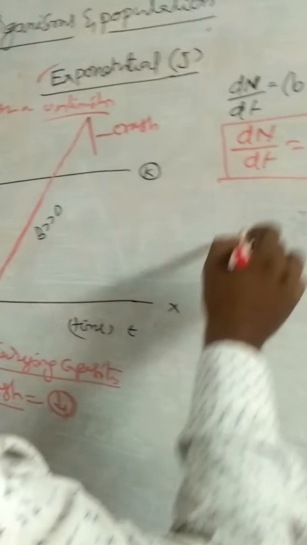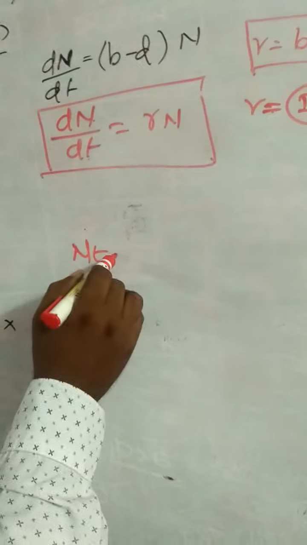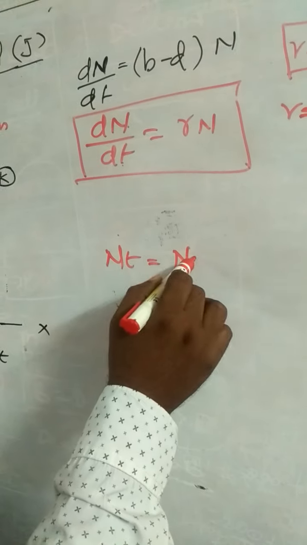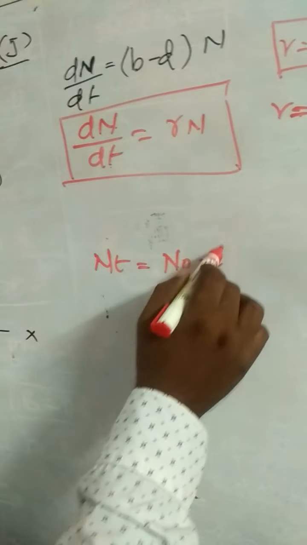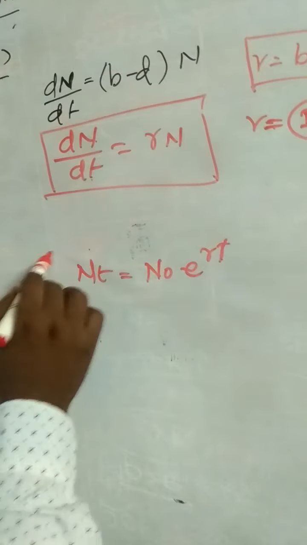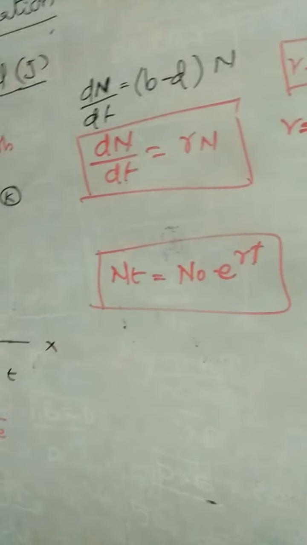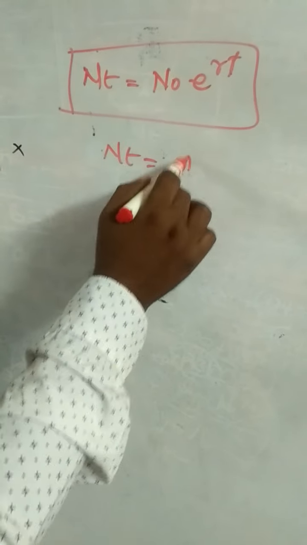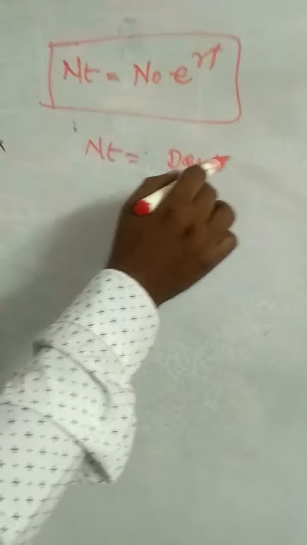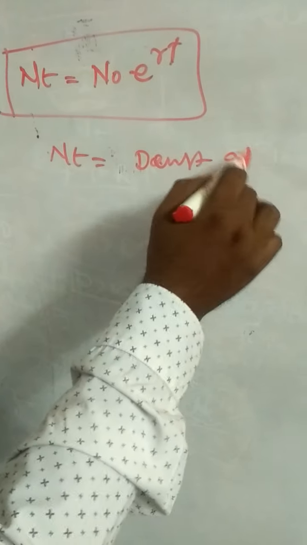Coming to the integral method of dn by dt, Nt is equal to N naught e power rt. What is Nt? Nt is population density at time t.